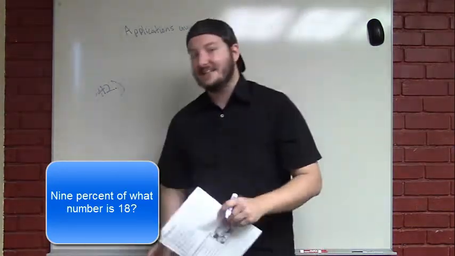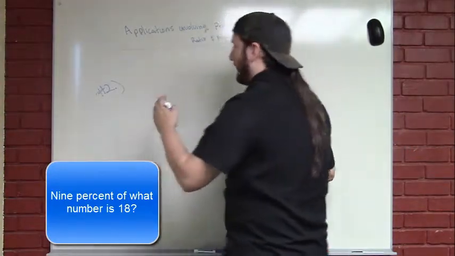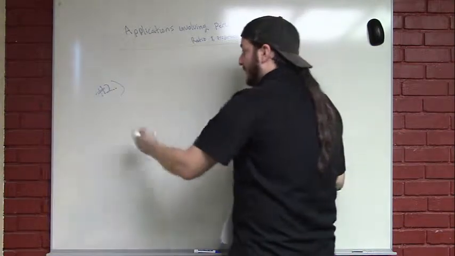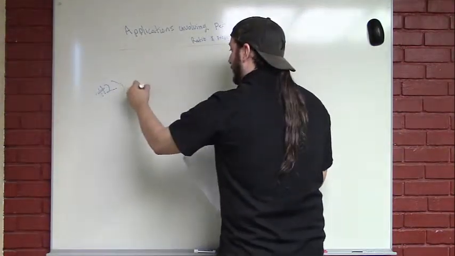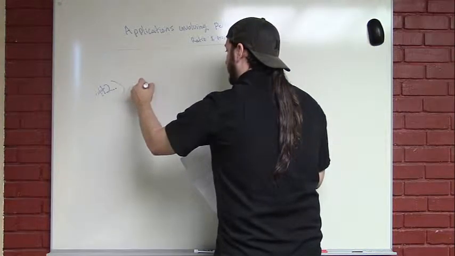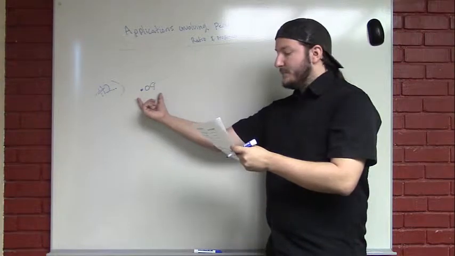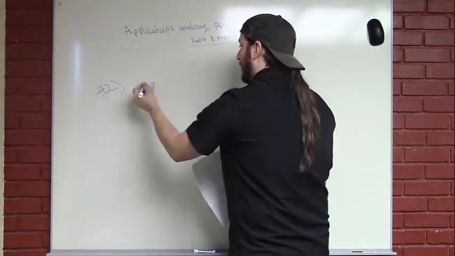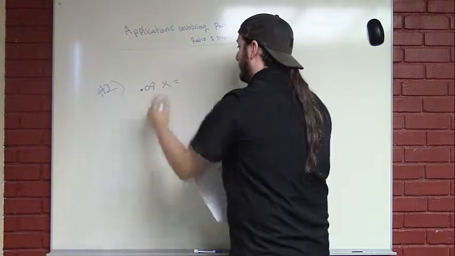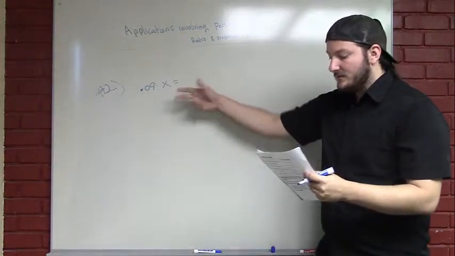So 9%, remember, you're going to rewrite 9% as a decimal, and that is going to be 0.09. So it says 9% of what number? That's 0.09 times what number, x, is 18.